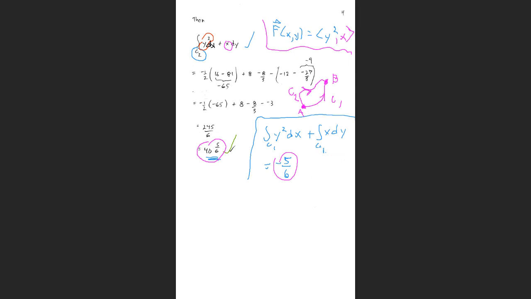Okay, so what I need to show you, of course, is that the sum of two line integrals with respect to x and y is actually equivalent to this idea of work that some force field does in moving the particle along a path. And I will get into that.